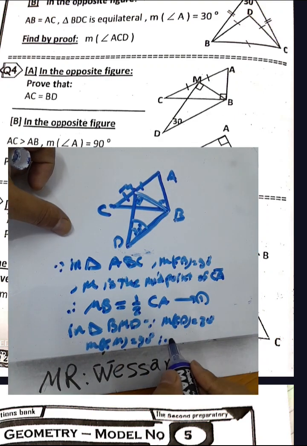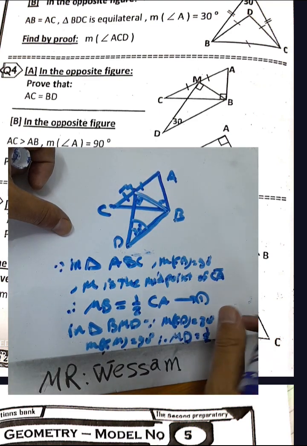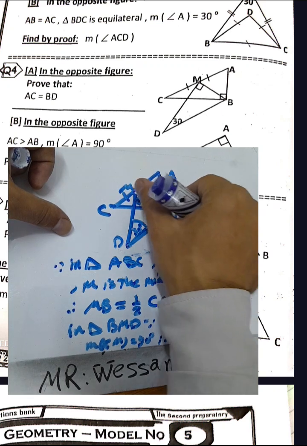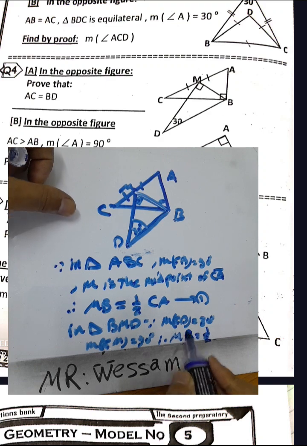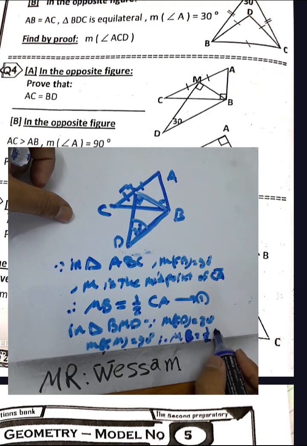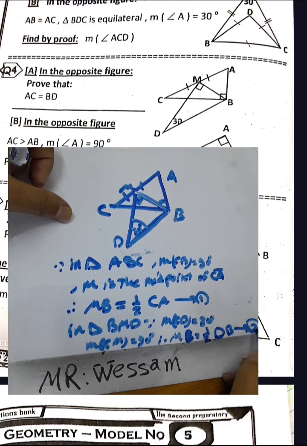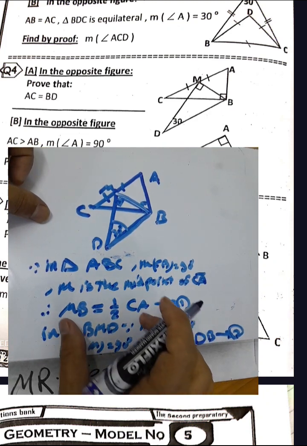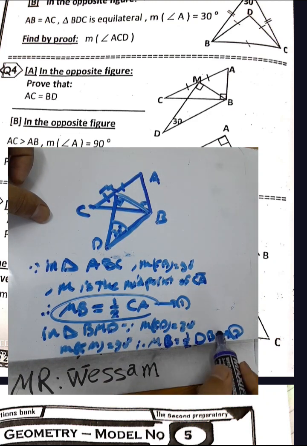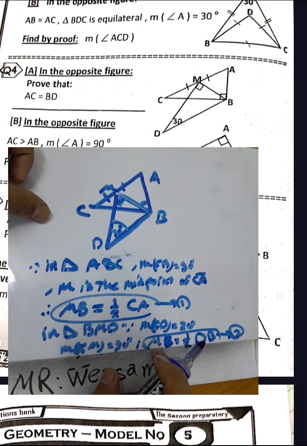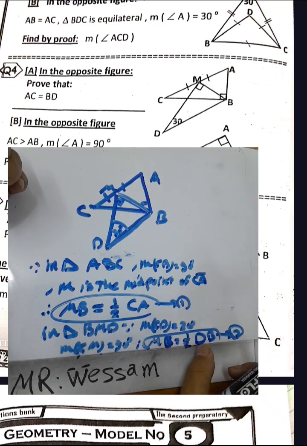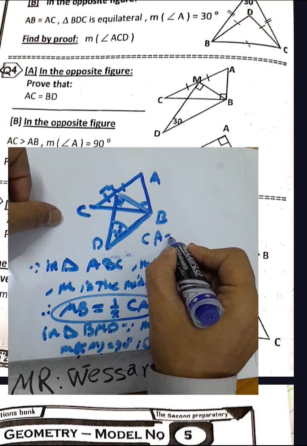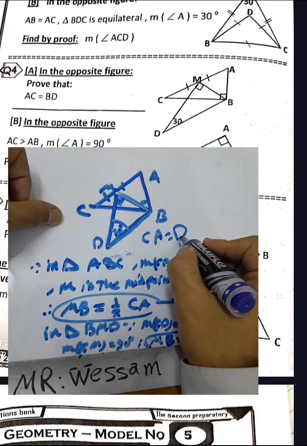Then MB is half of the hypotenuse DB. It's relation number 2. From relation number 1 and relation number 2, left hand side equals right hand side, then right hand side equals right hand side, then CA will be equal to DB. Okay.